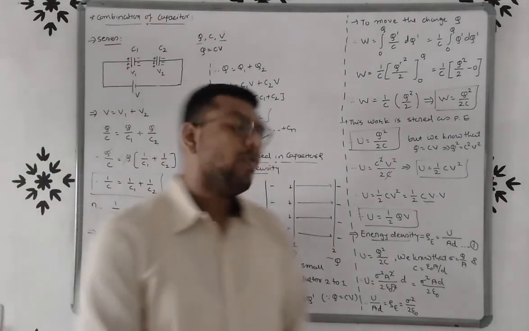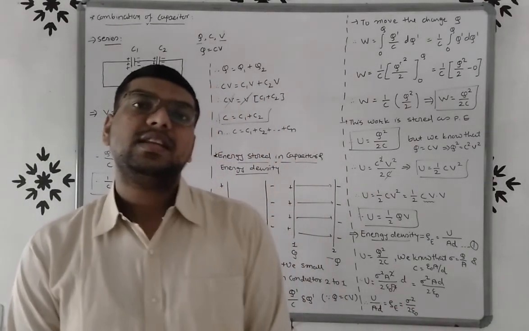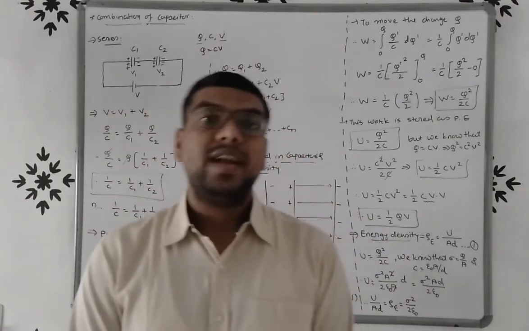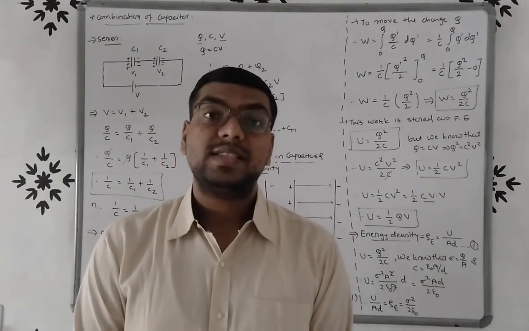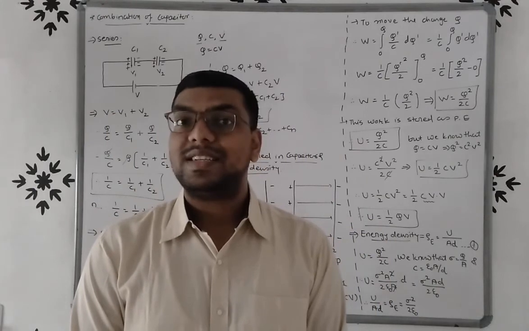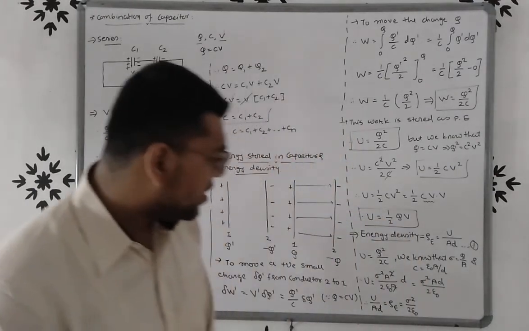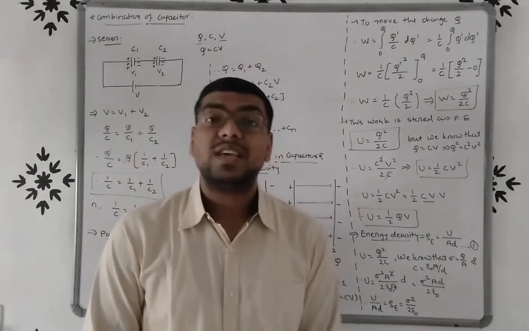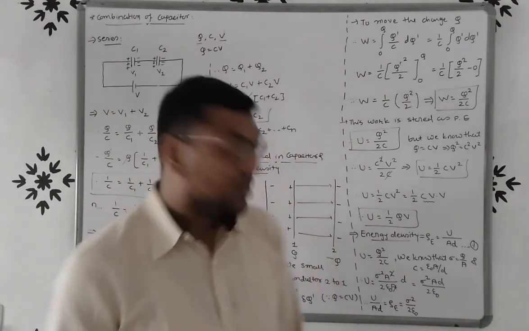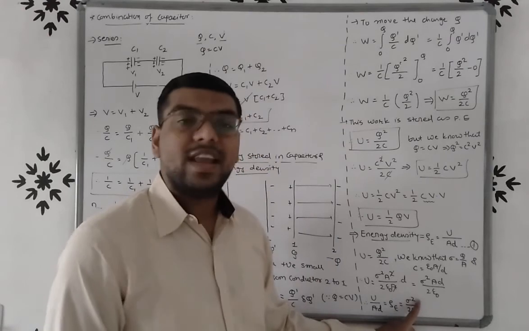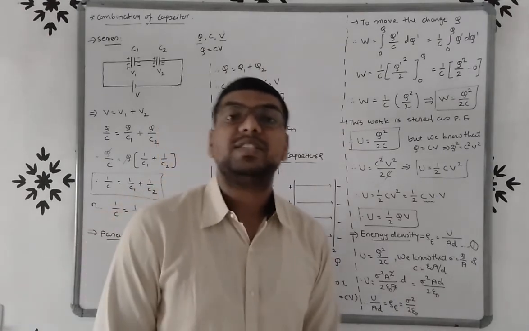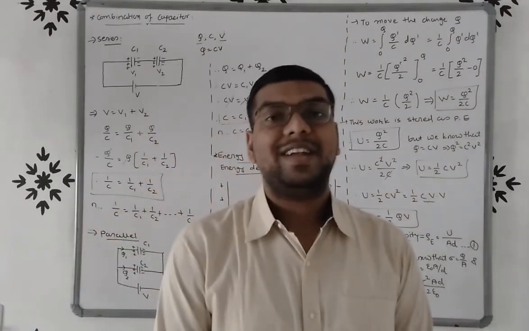Now, if we want to write this equation in terms of electric field, we know that for a parallel plate capacitor, E is equal to sigma upon epsilon 0, right? So here, sigma square, we need epsilon 0 square in the denominator.